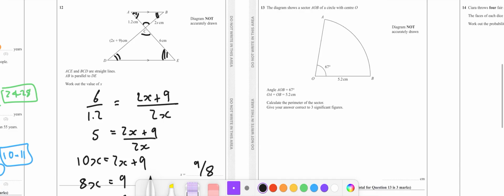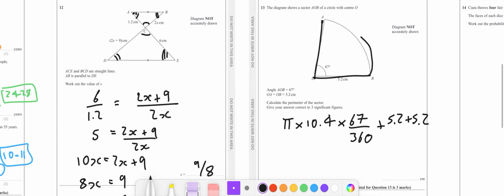Well, the whole circle is 2 pi r or pi d, so pi times the diameter, which is 10.4, but we want a fraction of it, 67 out of 360, and then we're going to add on the 2 radii, which is 5.2 plus 5.2, because we want the perimeter, the whole bit: there, there, and then the curved bit.